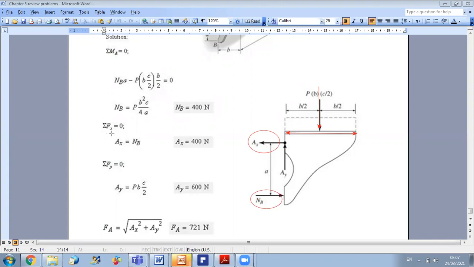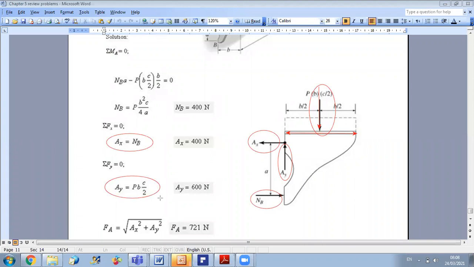So the first relation will give us that AX is equal to NB. Now, the second relation is sum of y equals 0. If we do sum of y equals 0, we have only AY and the known force here. So AY should be equal to PBC over 2. So this will give us AY.